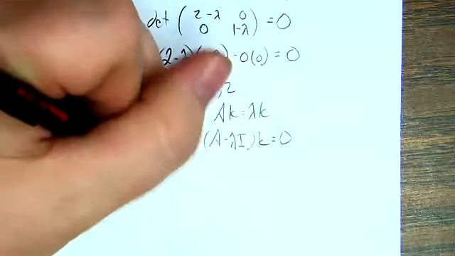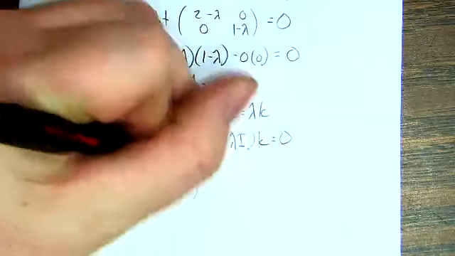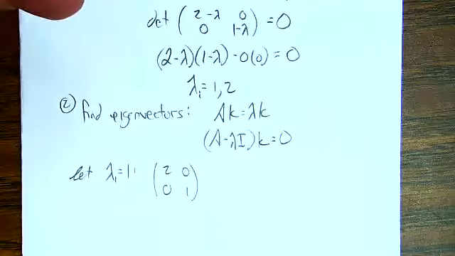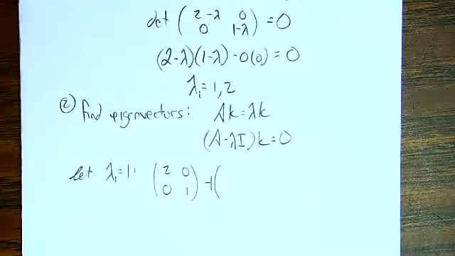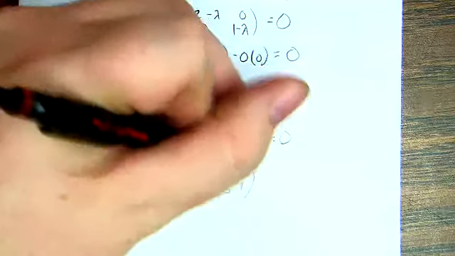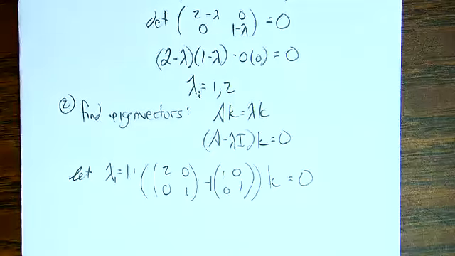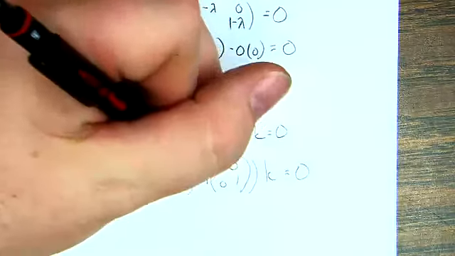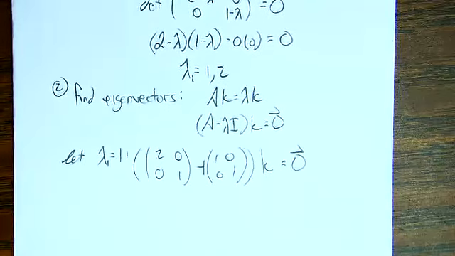If we're letting lambda be equal to 1, then we have 2, 0, 0, 1 minus 1 times 1, 0, 0, 1 times K is equal to the 0 vector.